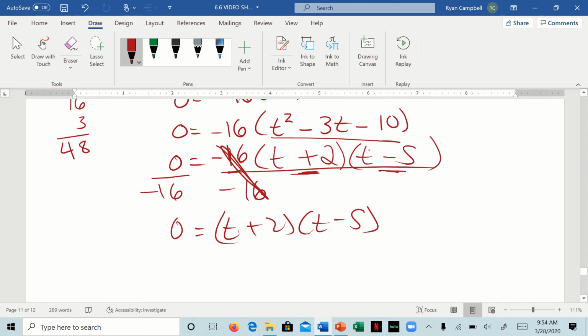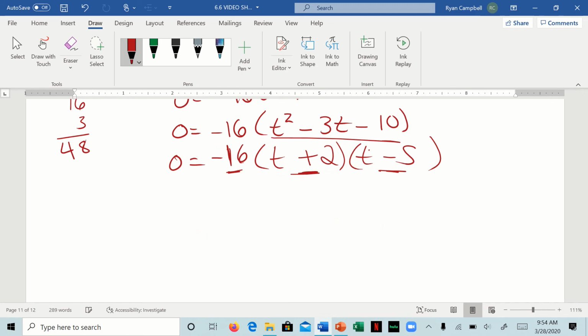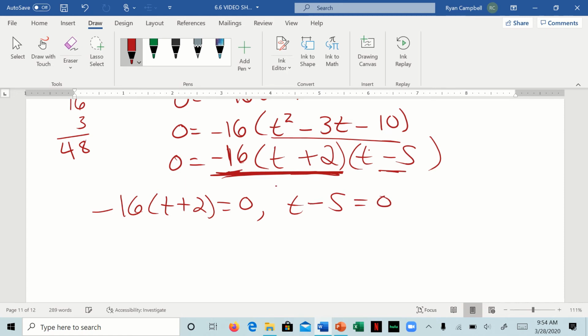Or even another way. So if you already found your ways, that's cool. But this is another way that I found students like to do. So they just set this as one term. So they let negative 16 times t plus 2 equals 0, and then t minus 5 equals 0 as our 2 terms. Whew, my computer is just not wanting to write anything today.